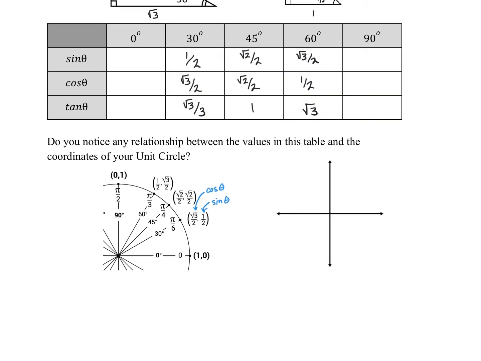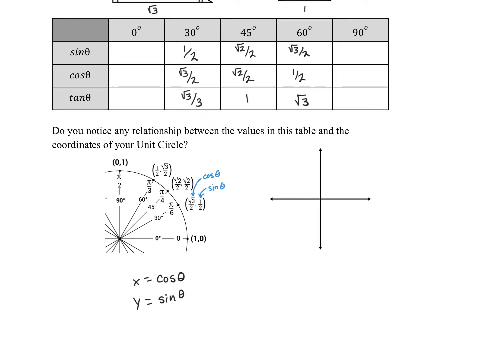So again, x is equal to the cosine of that angle, y is equal to the sine of that angle, and tangent is equal to y over x. So y over x equals tangent, because remember, another ratio for tangent is sine over cosine.